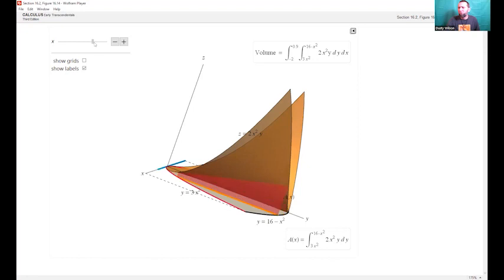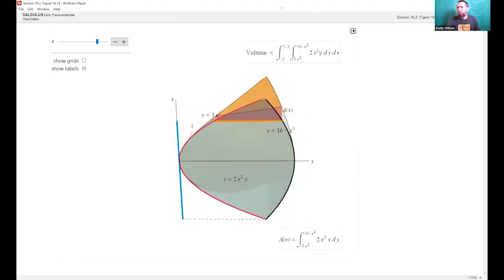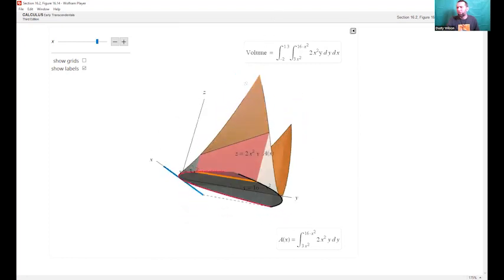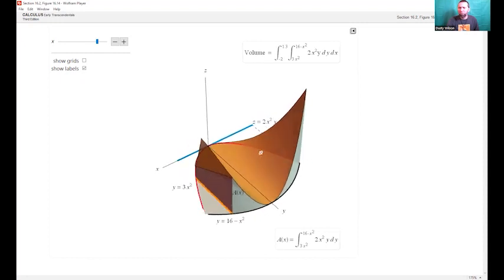If we add up all of those little areas times the differential width, a dx, that gives us our total volume. In this case, the total volume underneath this surface above that region would be about 663.